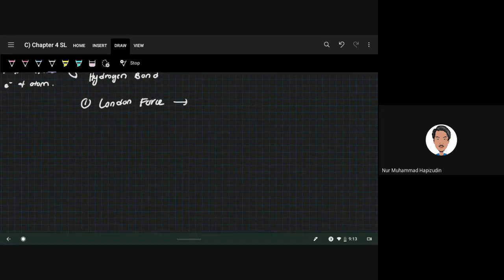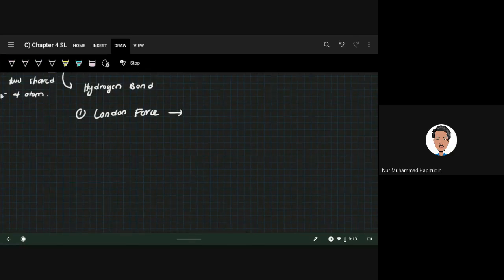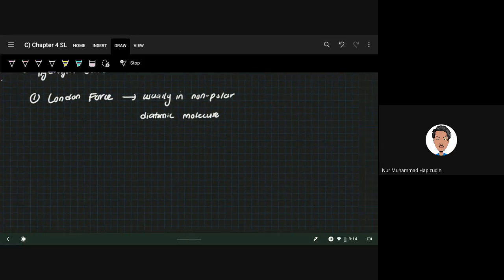So what is London or dispersion force? This is usually in non-polar diatomic molecules, but also in polar molecules.